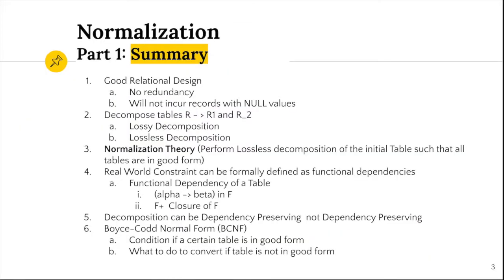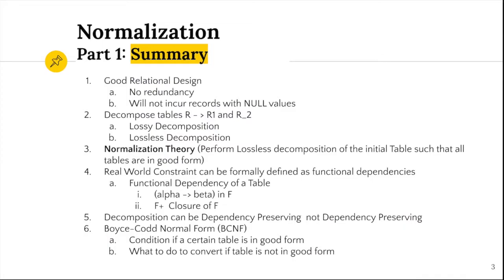Okay, so ito yung summary of all the topics that was introduced during the first part of the video. We defined what a good relational design is. Dapat walang redundancy and it will not incur records with null values. And whenever meron tayong not good relational design, what we need to do is to decompose the table, which is just a collection of attributes, into two sets of attributes R1 and R2.